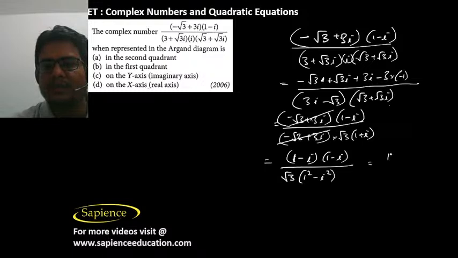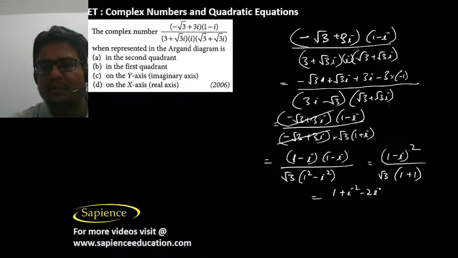So this will be 1 minus i whole square divided by root 3 into 1 minus of minus 1, that is plus 1. So that is 2 root 3. So this is 1 plus i square minus 2i divided by 2 root 3. So 1 plus i square, this is minus 1, that will cancel out. So this is minus 2i by 2 root 3, that is minus i by root 3.